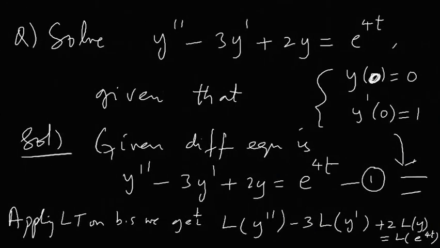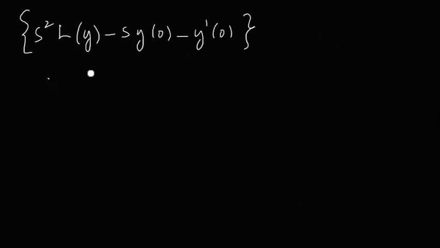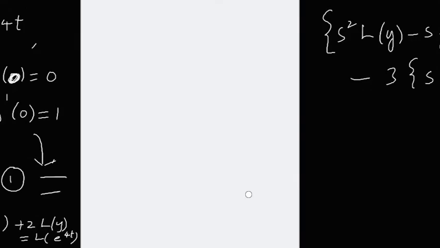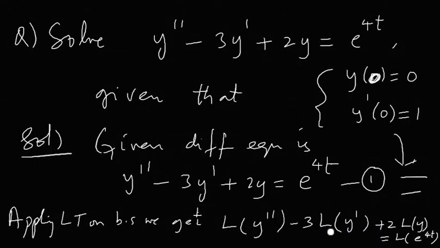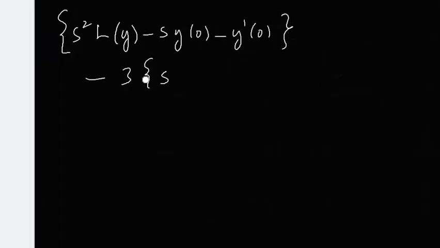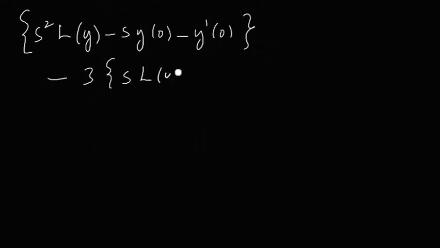And minus 3 times of L of y dash. So that is minus 3 times of L of y dash, that is s into L of y minus, I'll write it somewhat neatly, s into, because it is first derivative, first power of s will appear and L of y will be there.